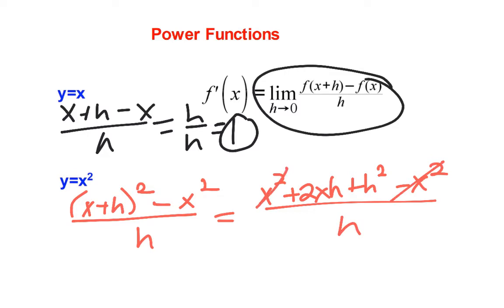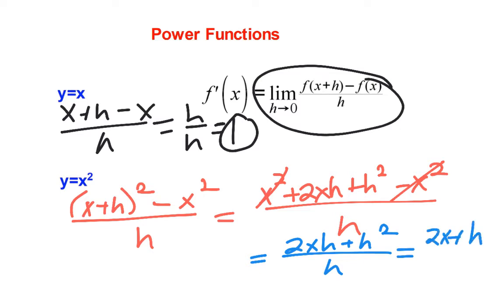The x squared terms cancel, which gives me 2xh plus h squared. I'm going to divide this by h, which gives me 2x plus h. And of course, it's the limit as h goes to 0. So the h is gone, so this is equal to 2x. Notice the exponent was 2.